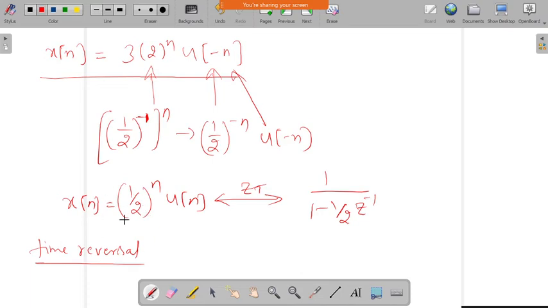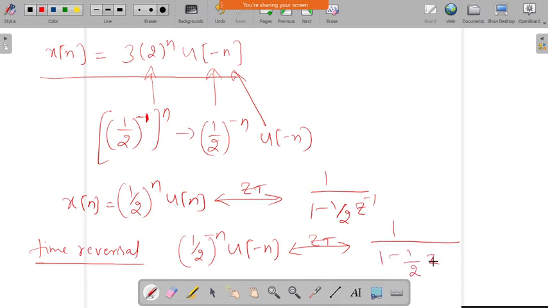Its z transform is obtained by replacing z with 1 by z, so we get 1 over 1 minus 1 by 2 into z. This is the z transform of this signal.